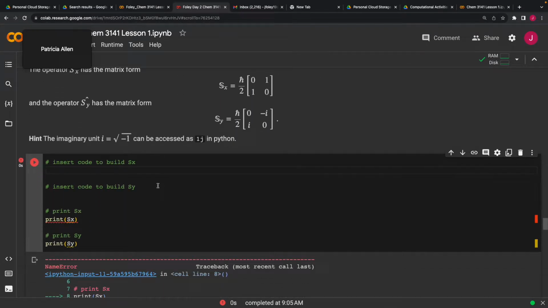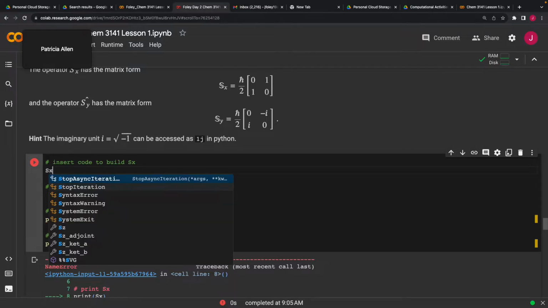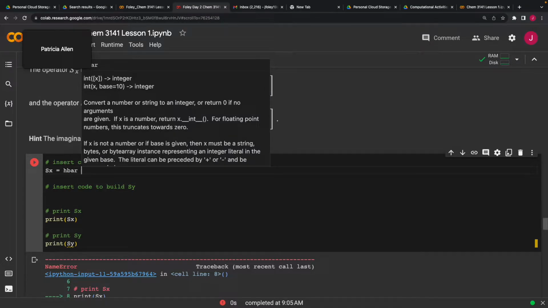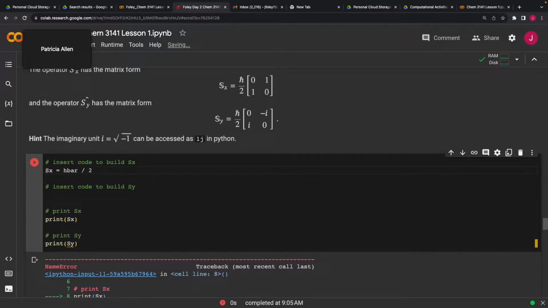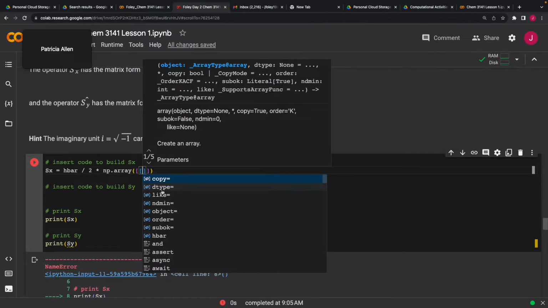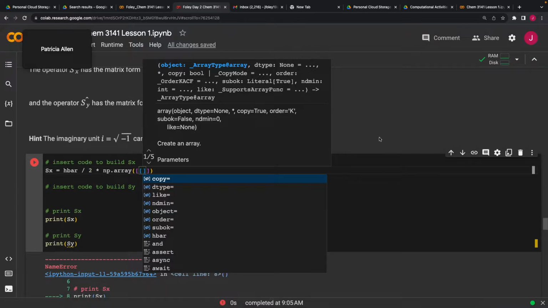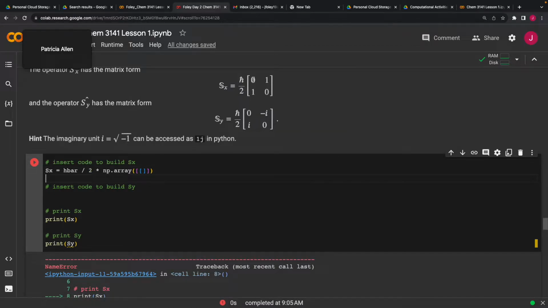All right. So let's go ahead and write the code to define SX. And we already have hbar stored from our previous block, so we don't have to define it again. So we'll write hbar over 2 times np.array, open brackets, open brackets. And now for SX, row 1 is 0, 1.